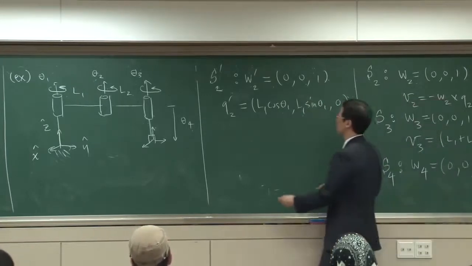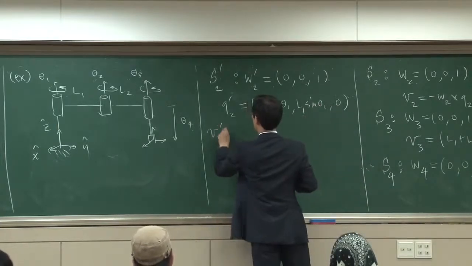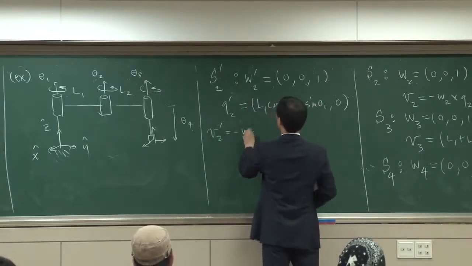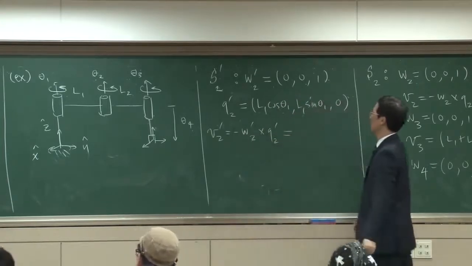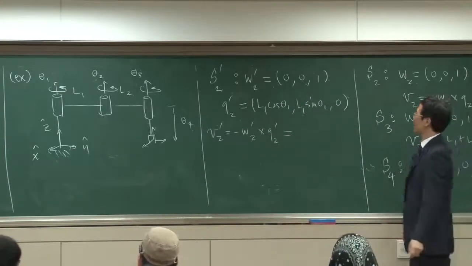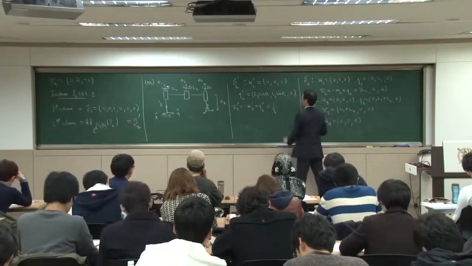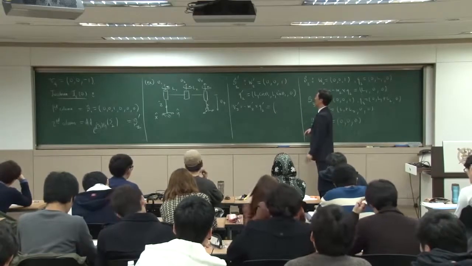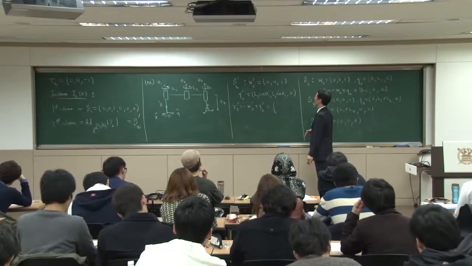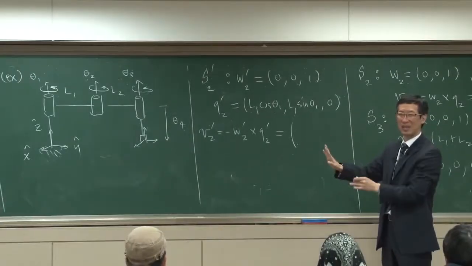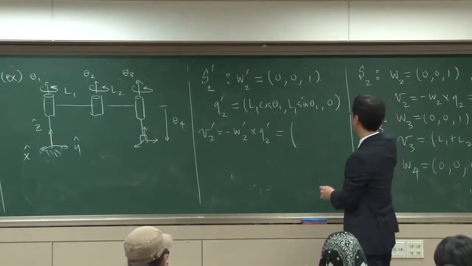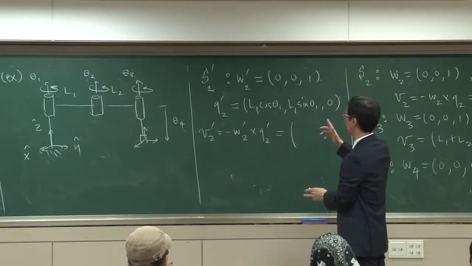Okay, and then v2 prime is minus omega 2 prime cross q2 prime. All right, so what is it? Swaps, and I always forget which sign. One of these becomes negative. Okay, let's do it.